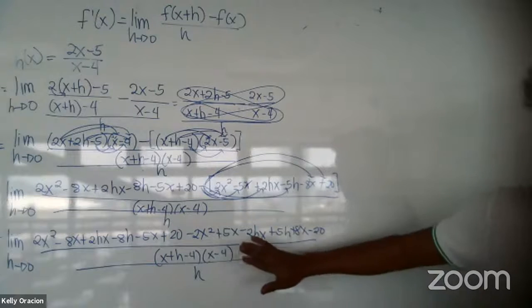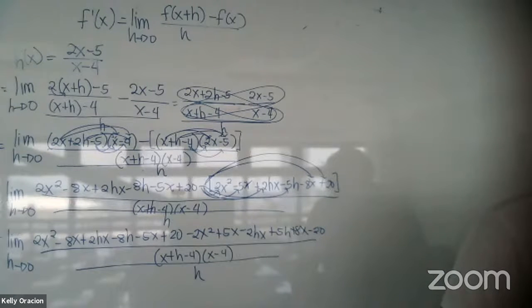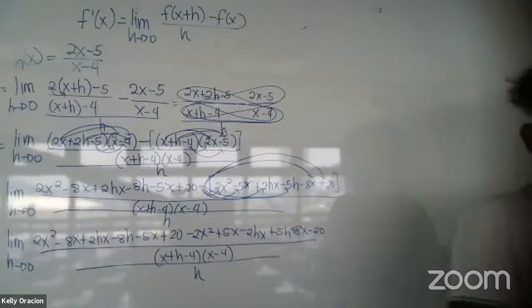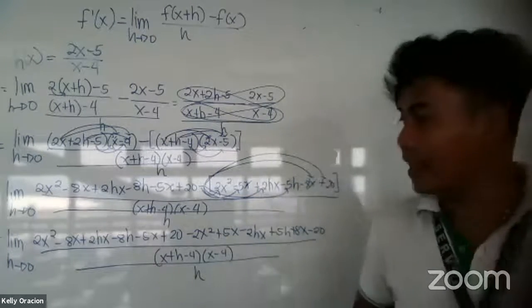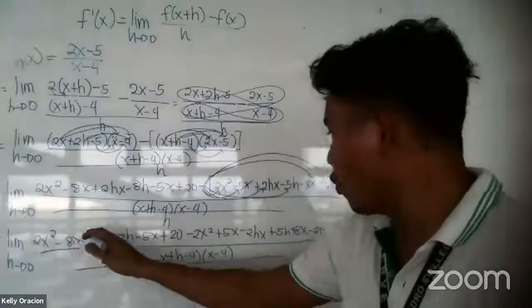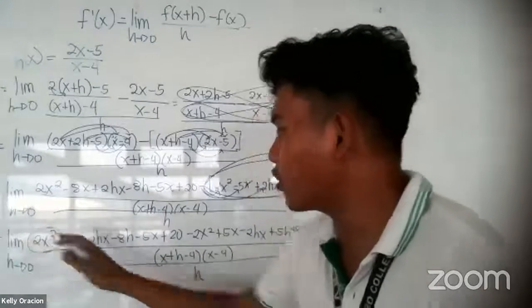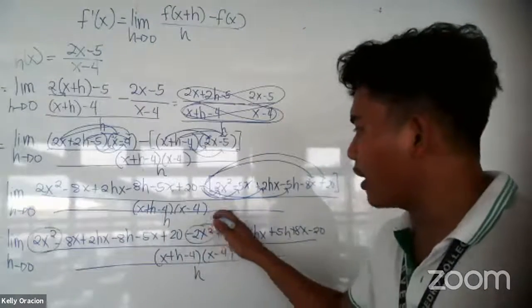Okay, now notice here that the 2x squared and negative 2x squared cancel.